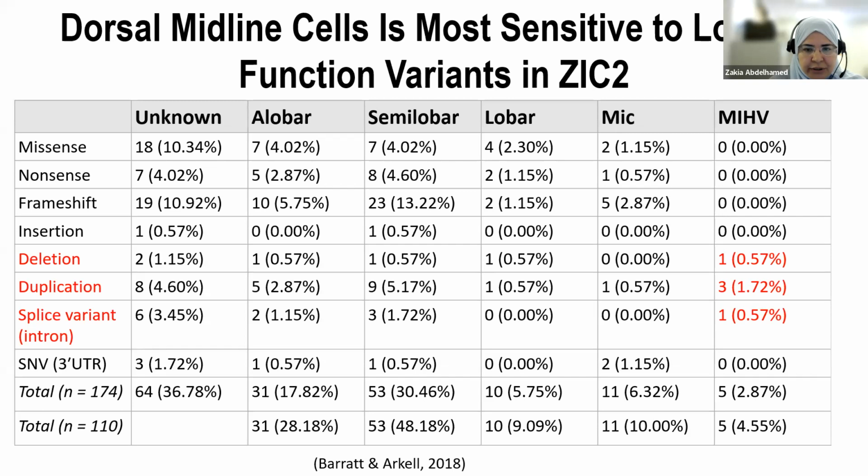So it seems that in these dorsal midline cells, a very mild loss of function leads to development of the middle interhemispheric variant. But to develop the ventral or classic holoprosencephaly in those patients, you need a very strong mutation that affects the protein structure, and even missense variants are not reported in the middle interhemispheric variant.